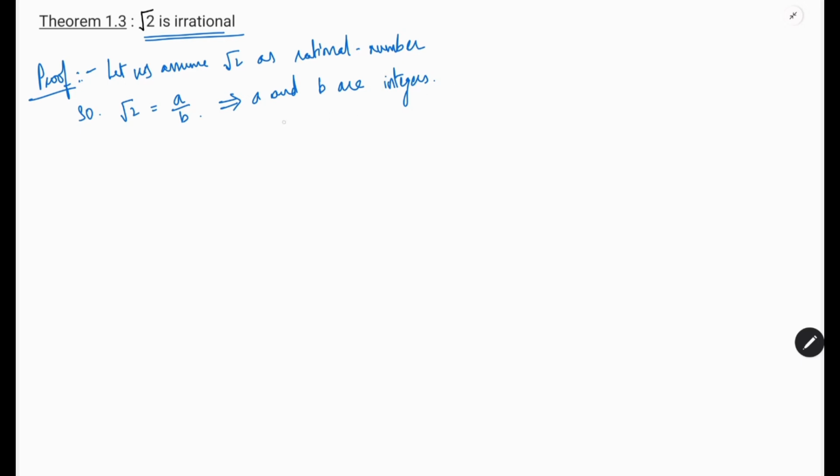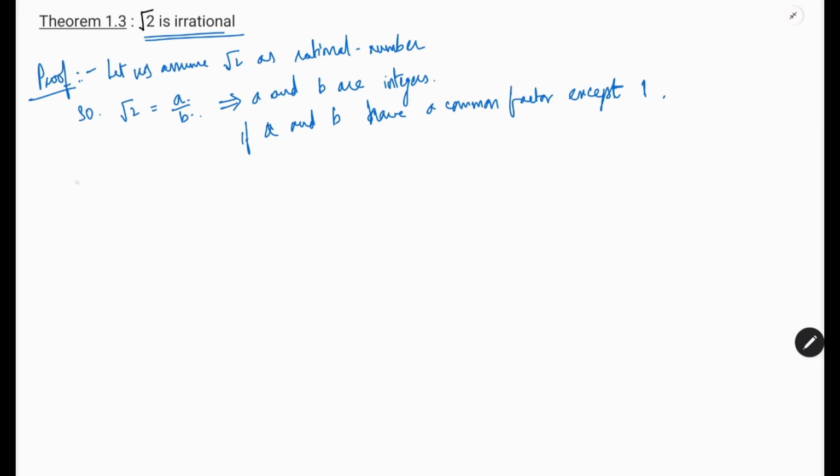And if A and B have a common factor except one, we will divide by that common factor.